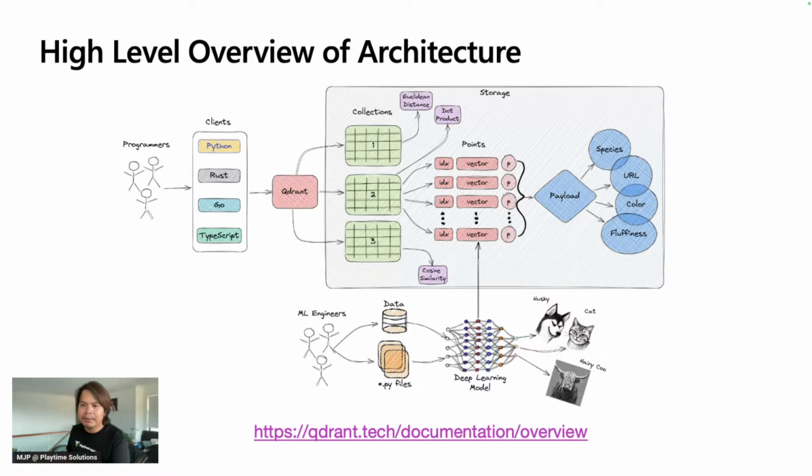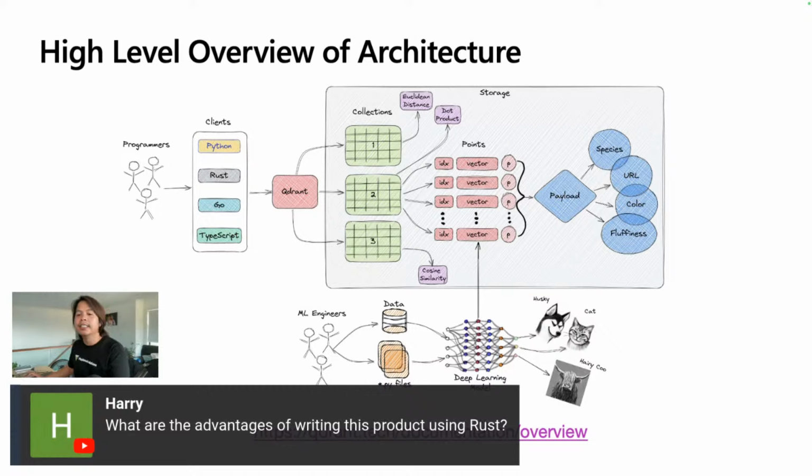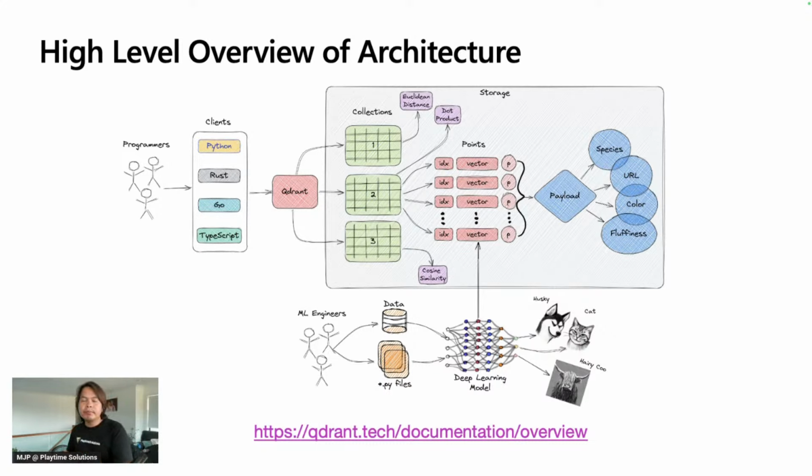Harry asked, what are the advantages of writing this product using Rust? I would say the advantage of using Rust at the moment is that when you're designing things like databases, it requires a lower level type of interaction. They're very heavy on memory management and IO, input output, and things like that, so it's not like creating a web application.